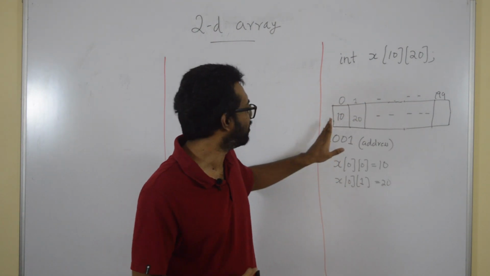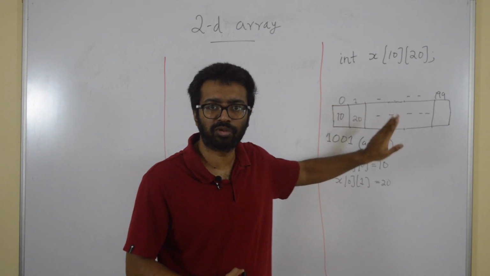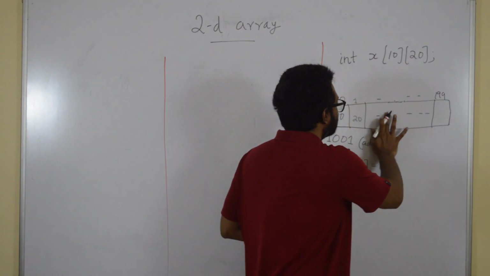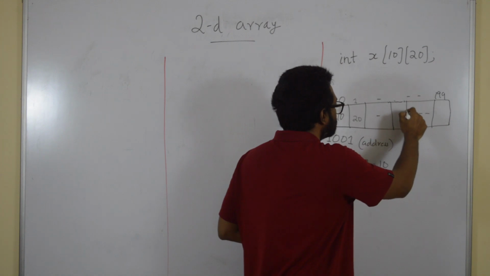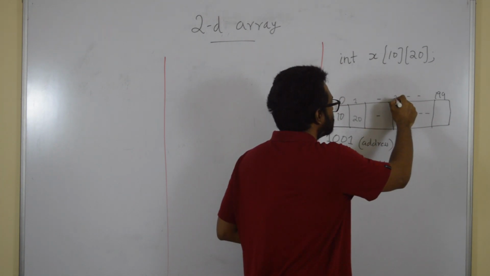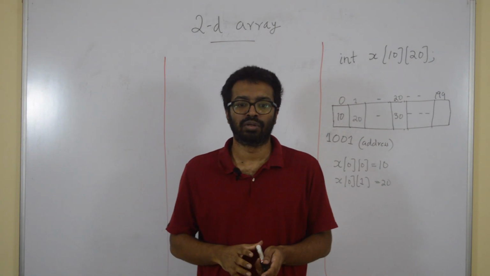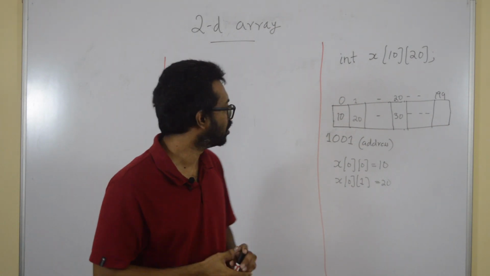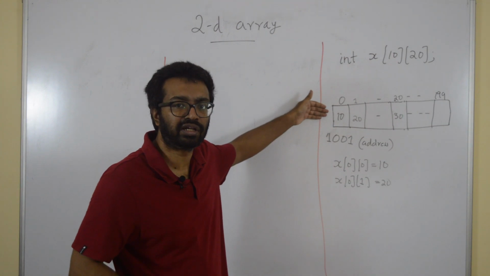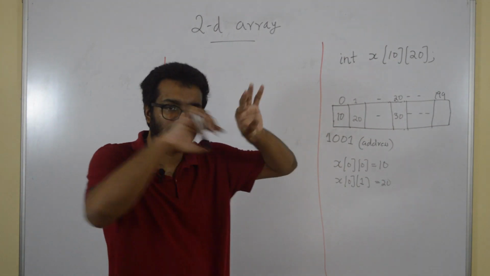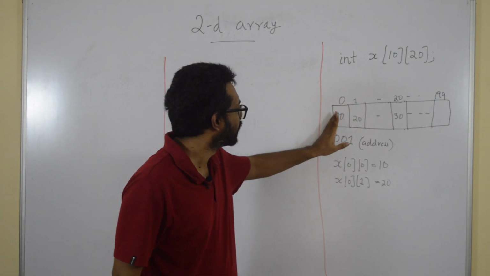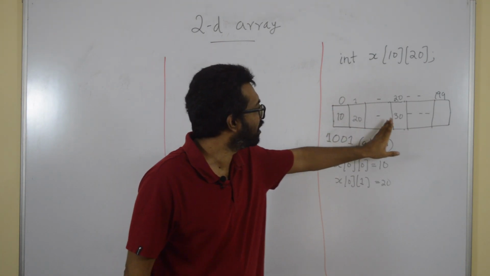In this memory, the memory starts from the 0th location, and what about the 20th location? What should come there? According to how we see it right now, the first row of this two-dimensional matrix will be the first 20 values.